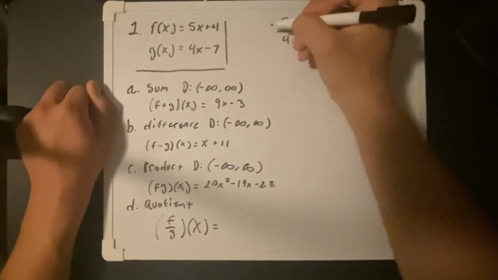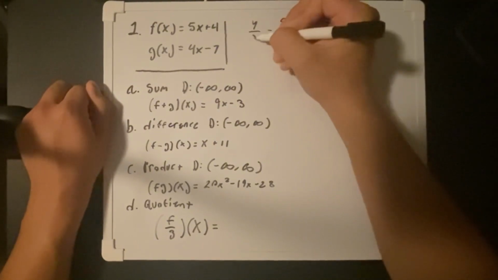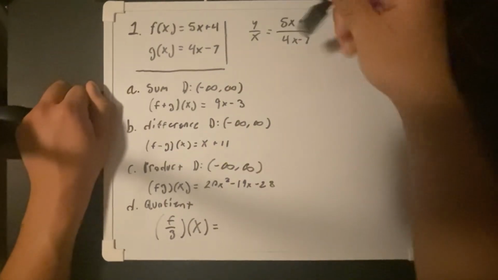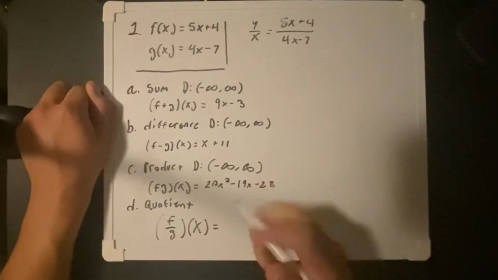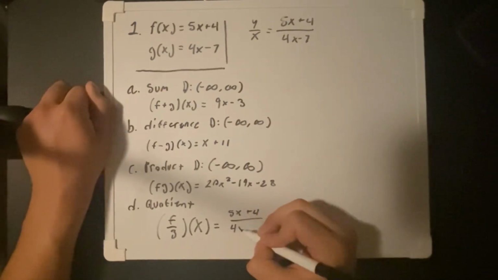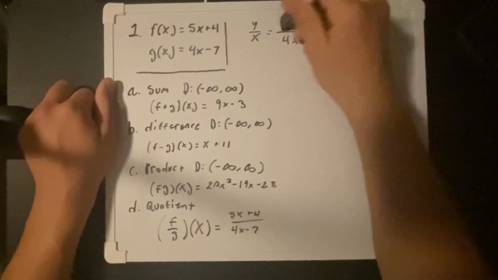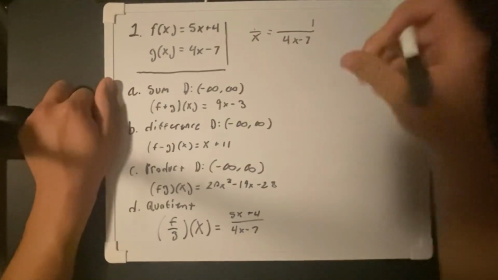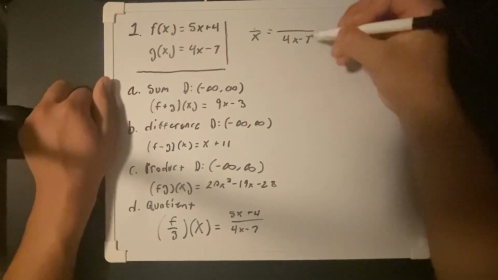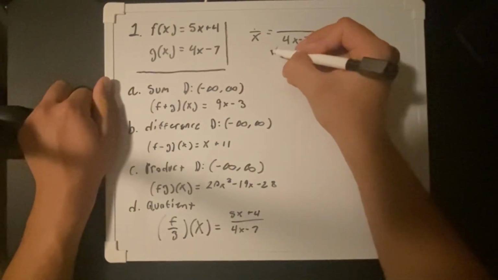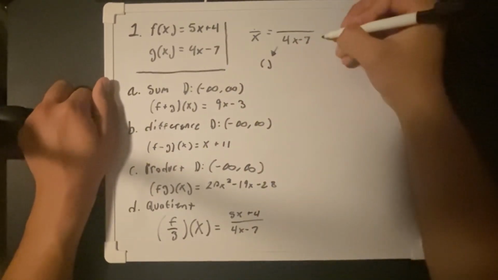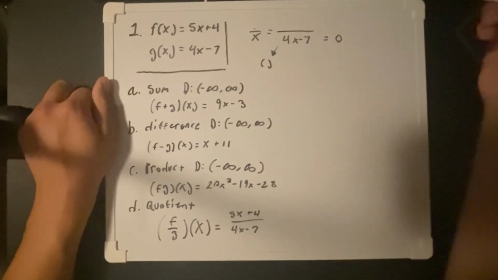We do not necessarily need to focus on this, but we do need to write it down as our solution. But for our domain, we can forget about this and focus on 4x minus 7. Recall from the previous lecture, anything in a denominator will be non-inclusive, and we can also set it to 0. So let's solve.